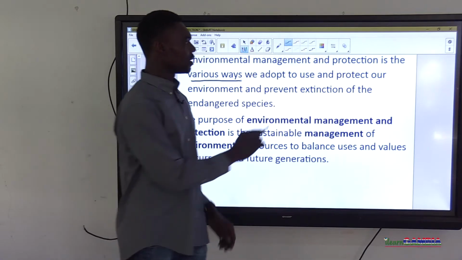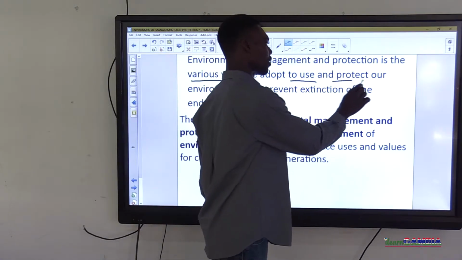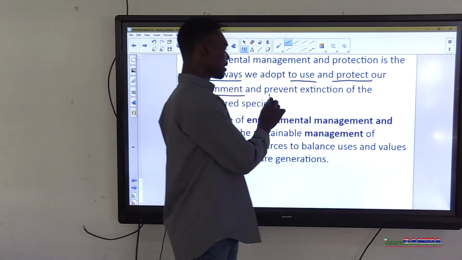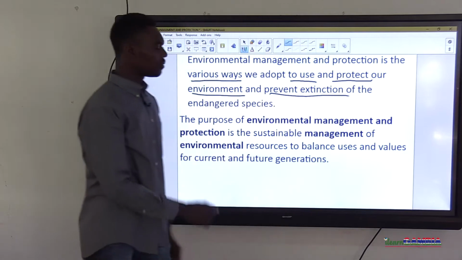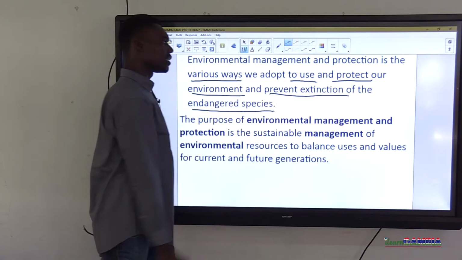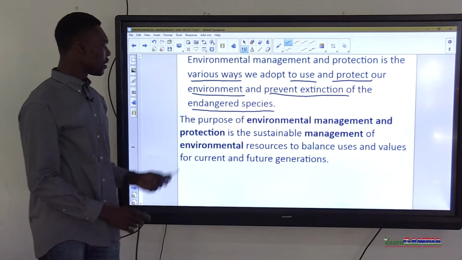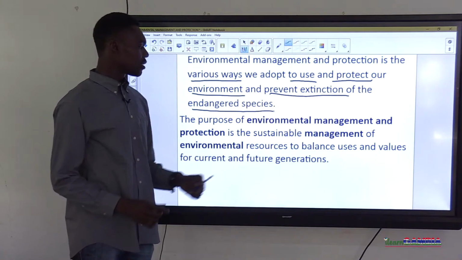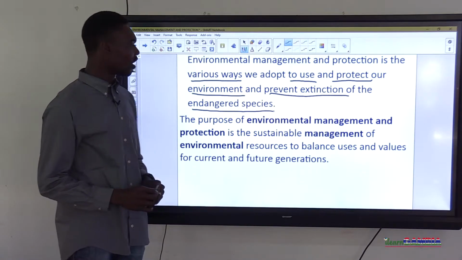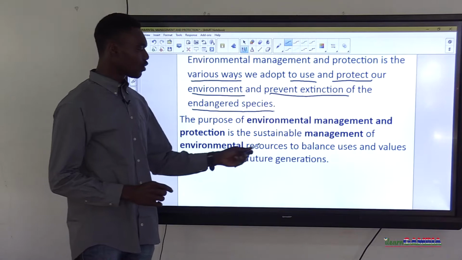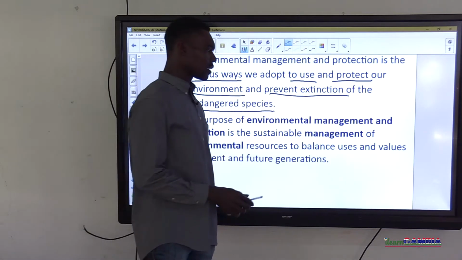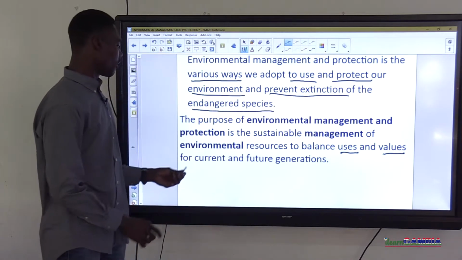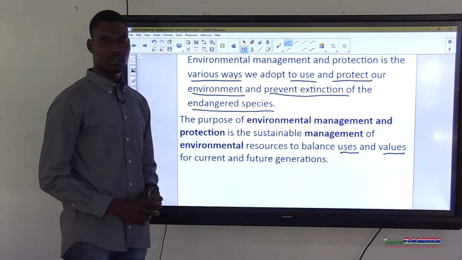The purpose of environmental management and protection is the sustainable management of environmental resources to balance uses and values for current and future generations.